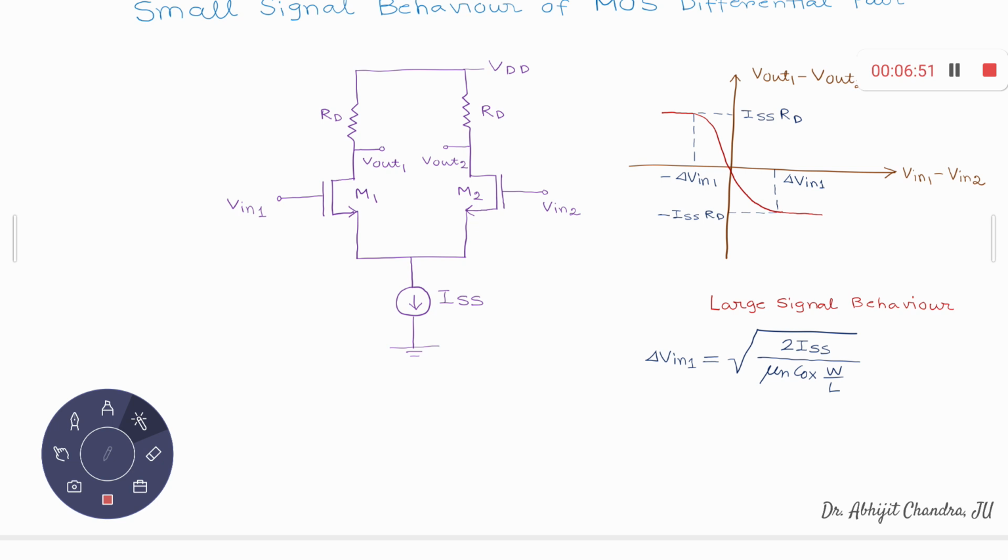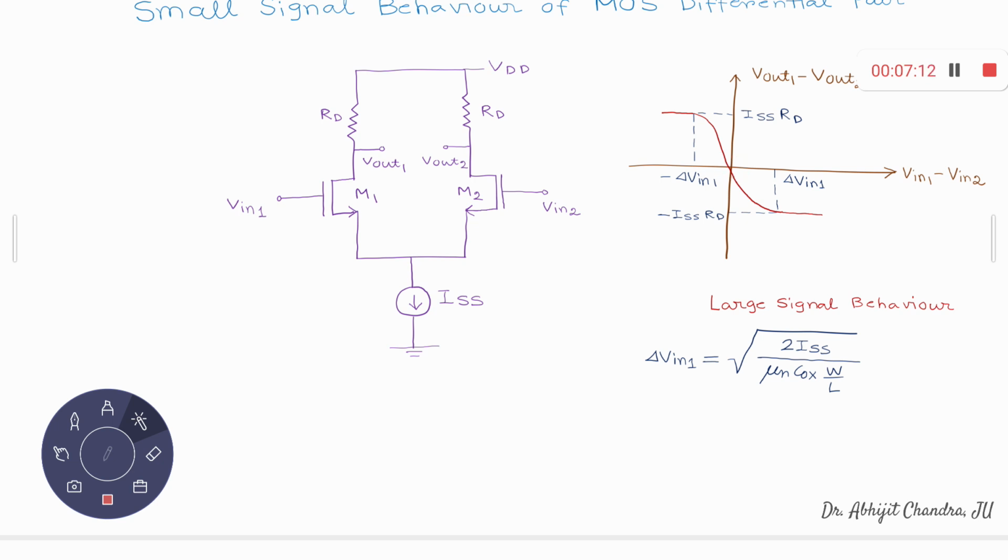We are allowing the small signal to be applicable, so we are observing the gain or the fluctuation very close to this equilibrium point.